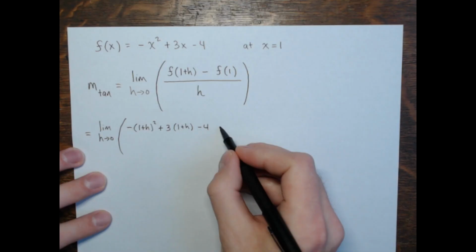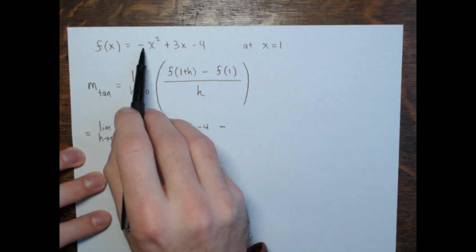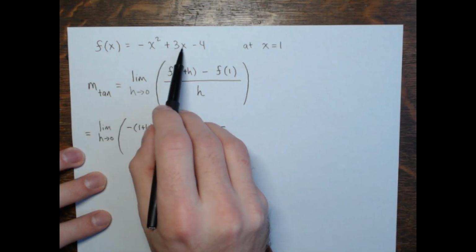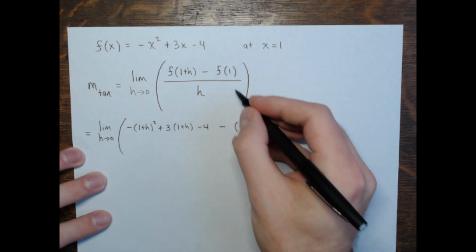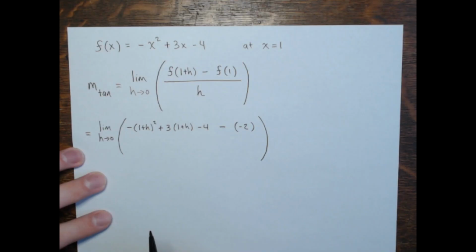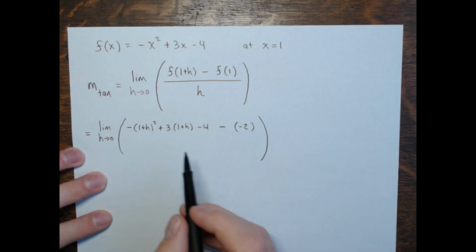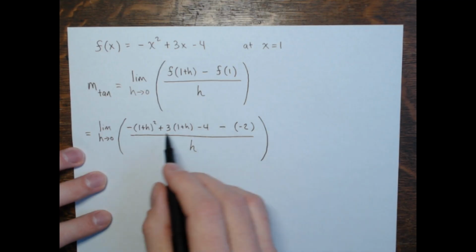And then minus f at 1 would be negative 1, plus 3 is positive 2, minus 4 is negative 2, right? That's the value of f at 1. So minus negative 2, and then all that divided by h. And then we simplify, of course.